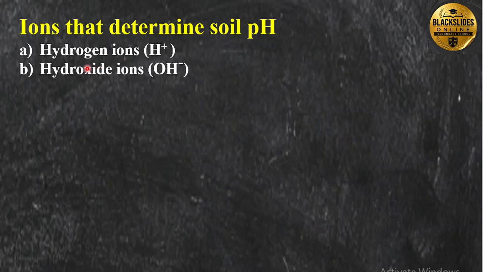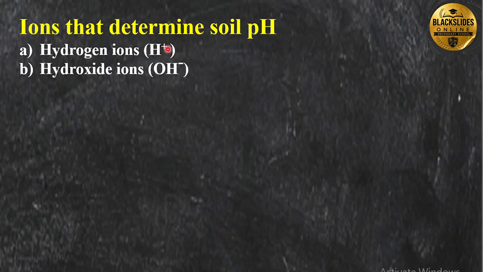That's why I tried as much as possible to get away from the temptation of defining pH as power of hydrogen alone. You see here, pH is not just about hydrogen ions, it's about hydrogen ions and hydroxide ions. It is the hydrogen ions that determine the acidity of a soil, and it is the hydroxide ions that determine the alkalinity of the soil sample.